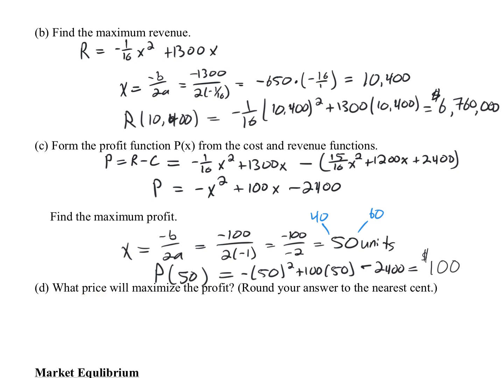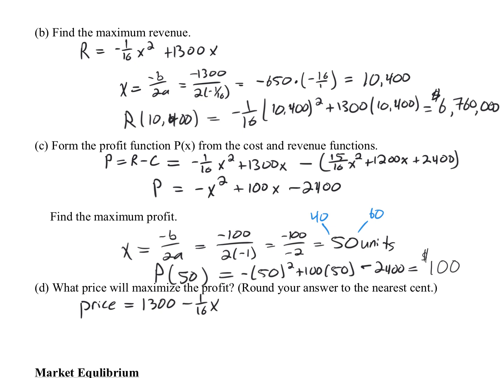Now you might be scratching your head and asking yourself, have we ever even seen a price function? If you look back in the example, the price function was just listed like as an equation in the statement of the problem. So if we grab that from the other page, what we have is that we know price is 1300 minus 1/16 x.